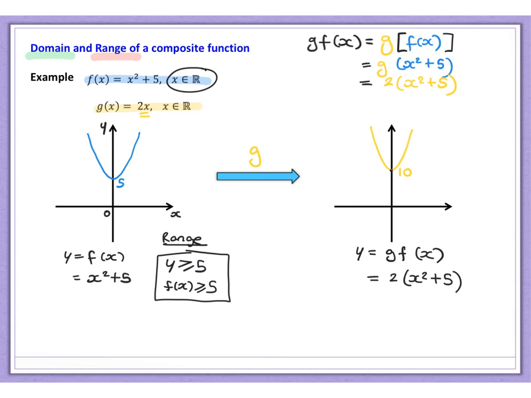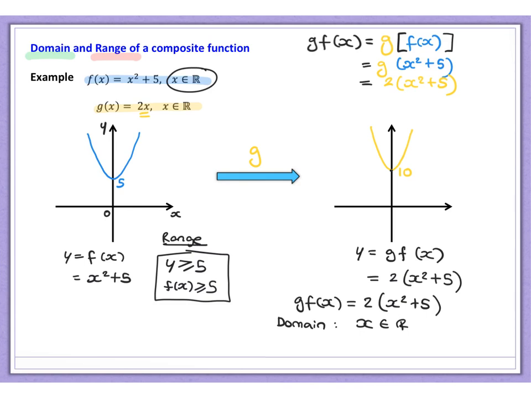So the function g(f) of x, which is 2 lots of x squared plus 5, has a domain which is x is any real number, and we can see that. Look at the fact that g is acting on this function here.